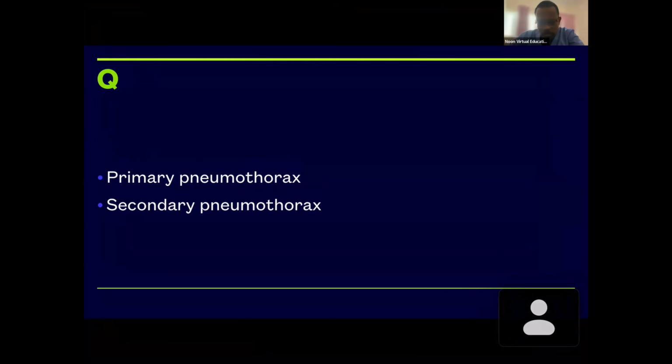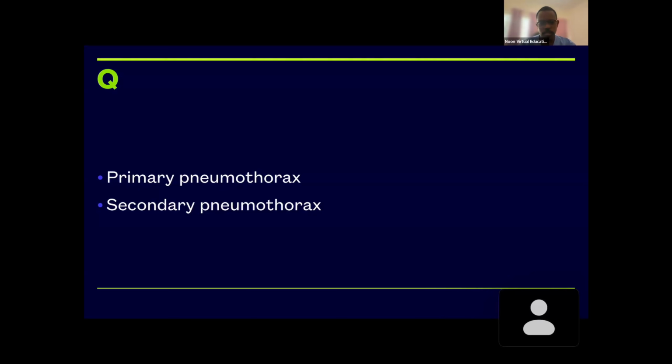An example is traumatic pneumothorax, which is primary pneumothorax, just to give you an example and make the picture clear. In secondary pneumothorax, the cause is directly related to the lung, for example asthma or congenital lung disease. This is the classification of pneumothorax. It's very important.